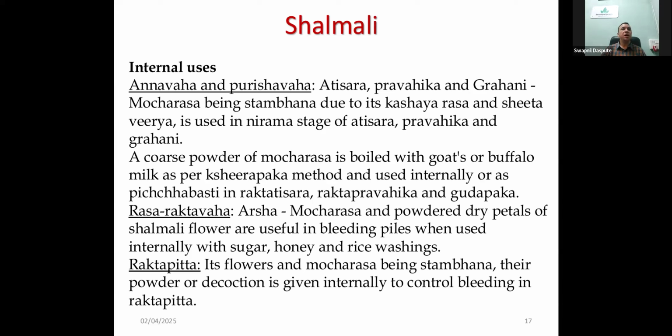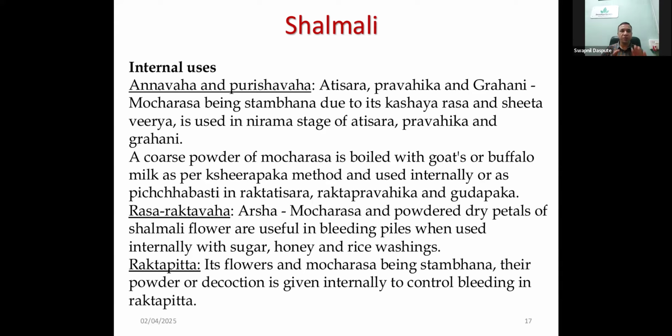Rasaraktavah Srotas, Arsha. In Arsha, Mocharasa and powdered dry petals of Shalmali flower are useful in bleeding piles, Raktaja Arsha, when used internally with sugar, honey, and rice washing. So it can be given.